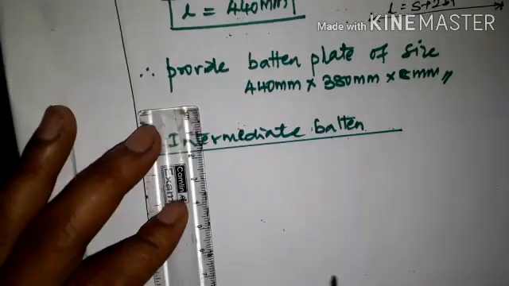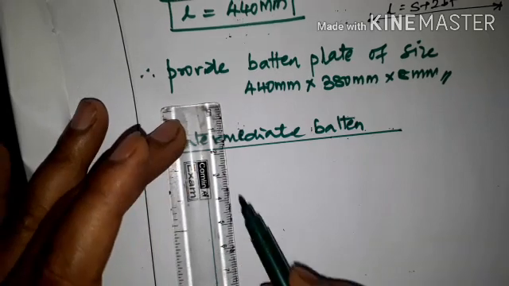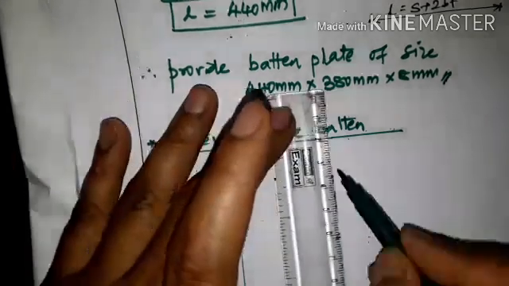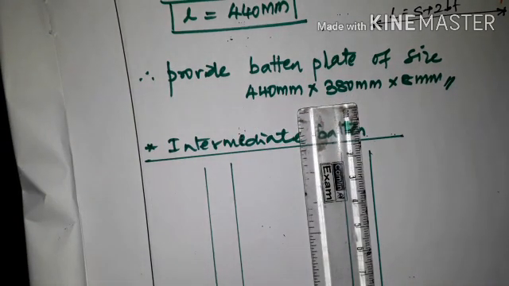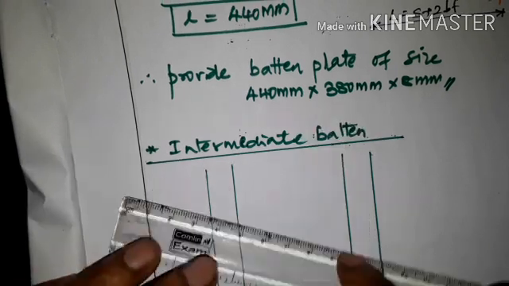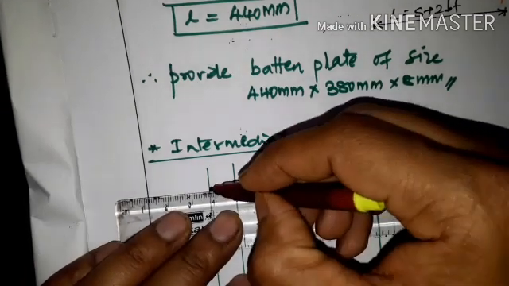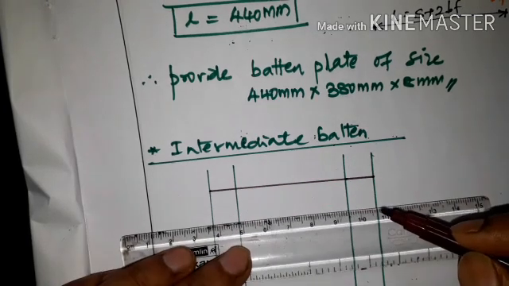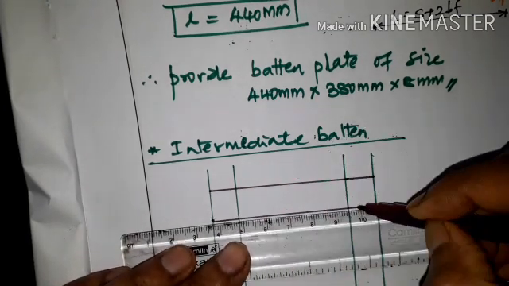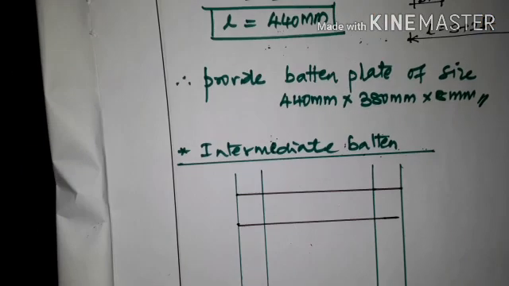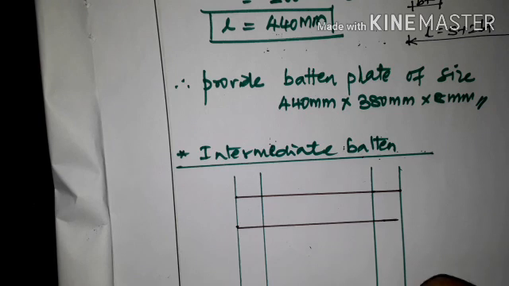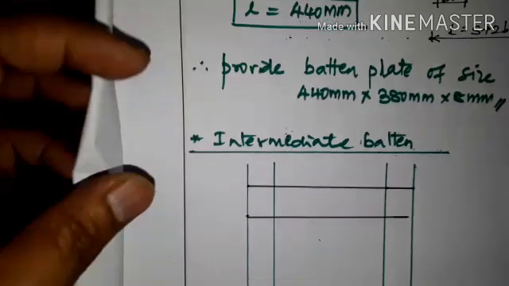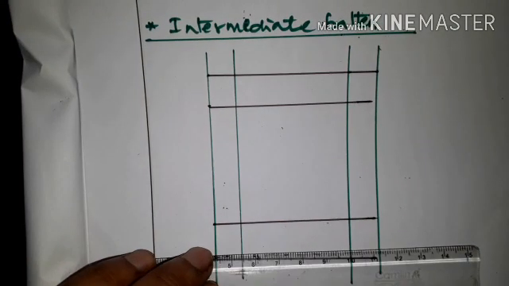Okay, I'll show you what is intermediate batten and end batten. Suppose you have a column like this, and we are going to provide battens like this.